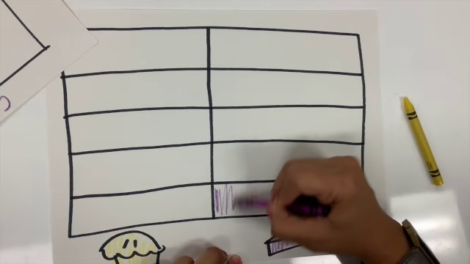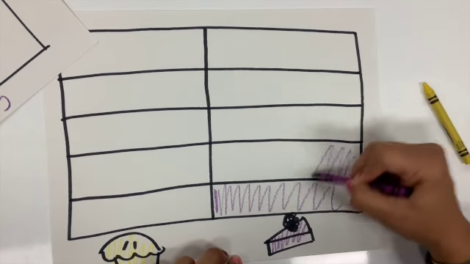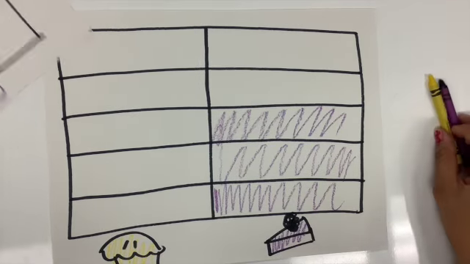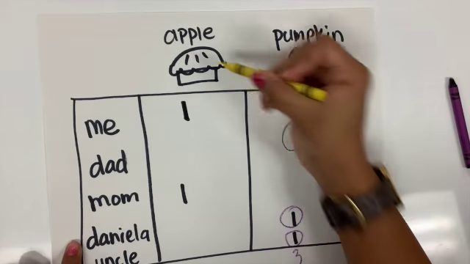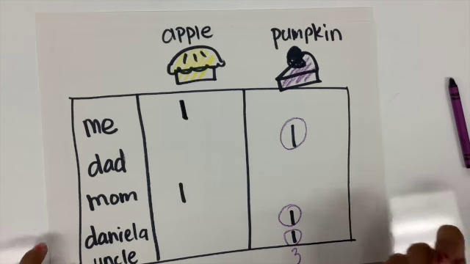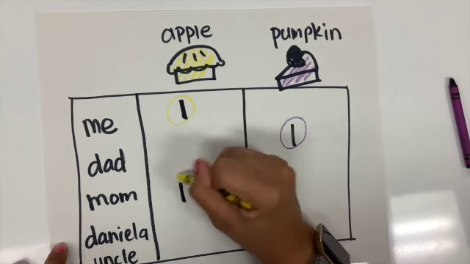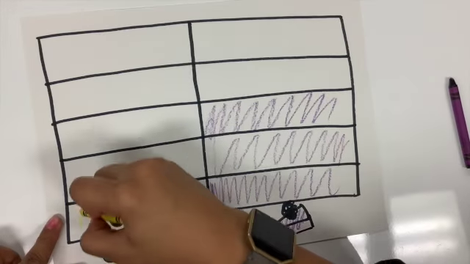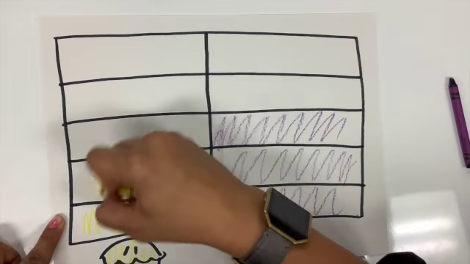So there's 1, 2, and 3. Now I'm going to go back to my page of information, and I'm going to count how many votes I had in my home for apple pie. Ready? 1, 2. So that means I colored 2 squares on my graph.